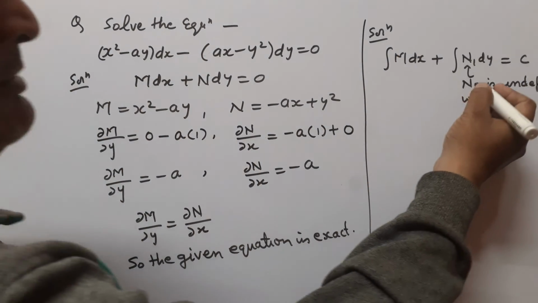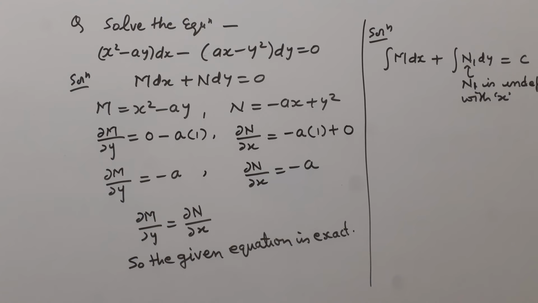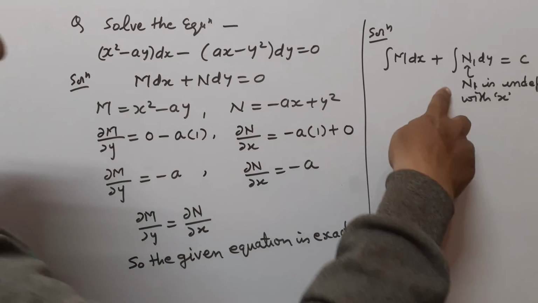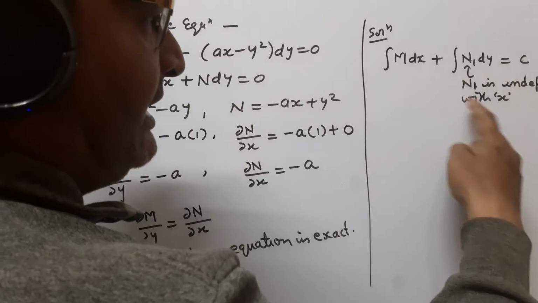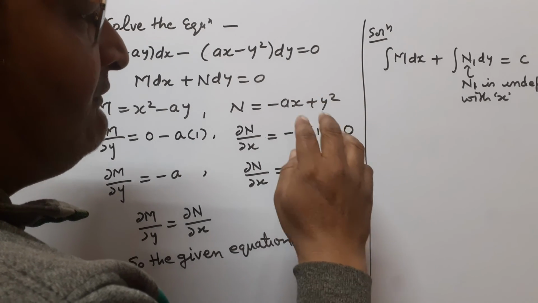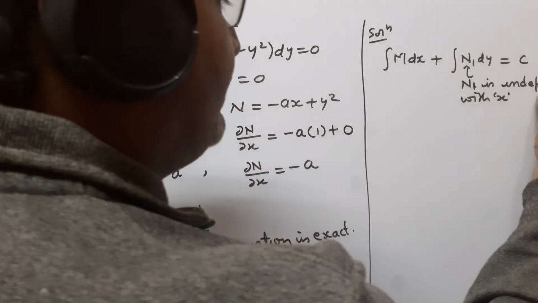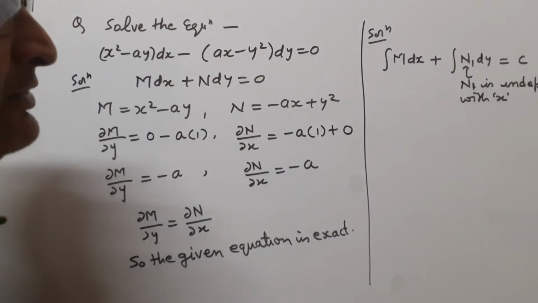Here N1 is obtained from N, and we take those terms of N which do not contain x. That means N1 is independent of x.